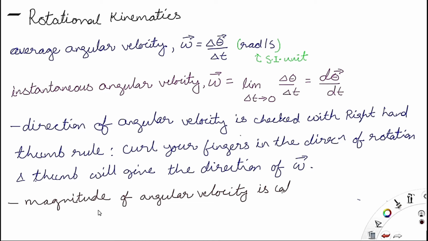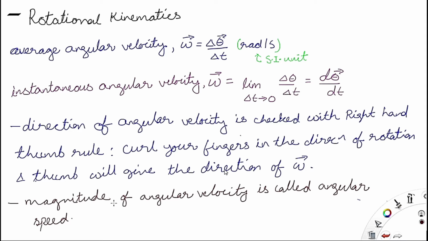In the right hand thumb rule, we curl our fingers in the direction of rotation, whether it's clockwise or anti-clockwise, and then the thumb gives you the direction of omega, or of torque if you are finding torque.